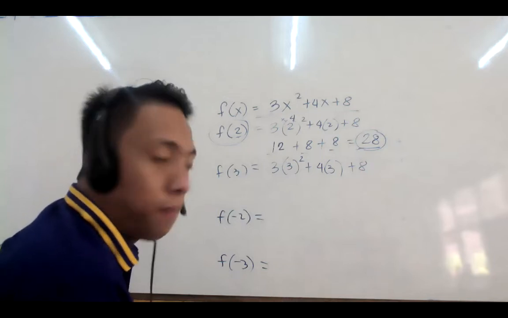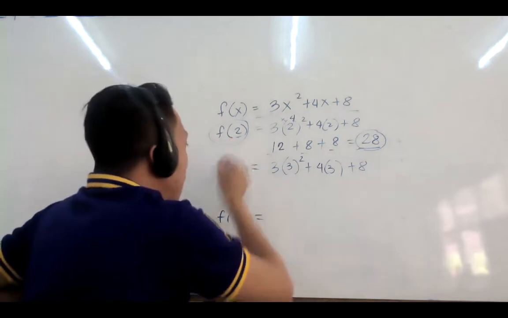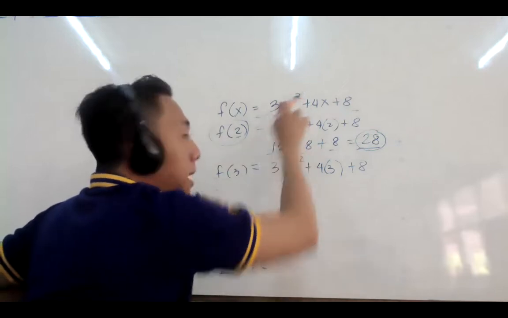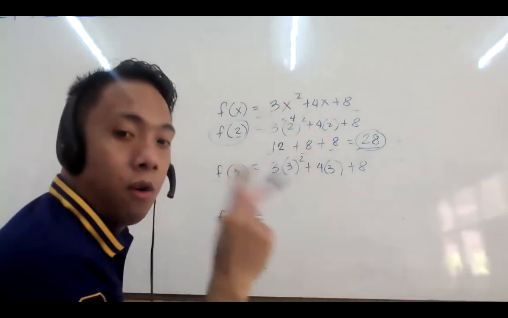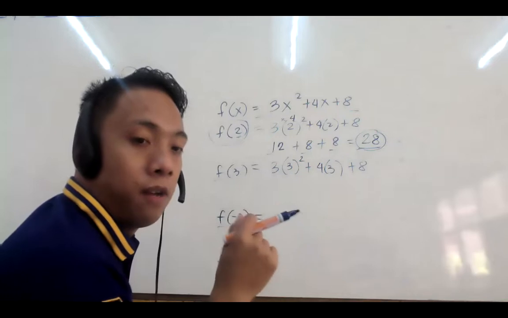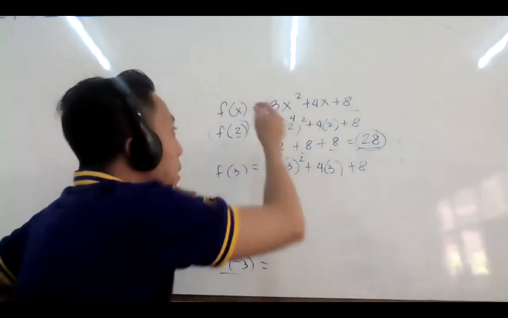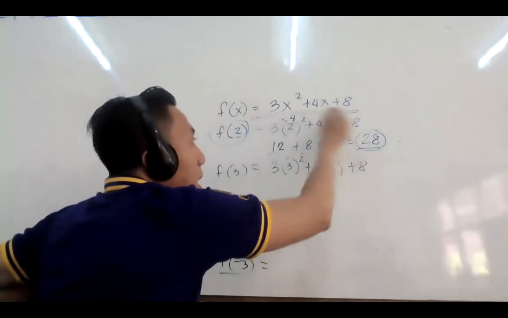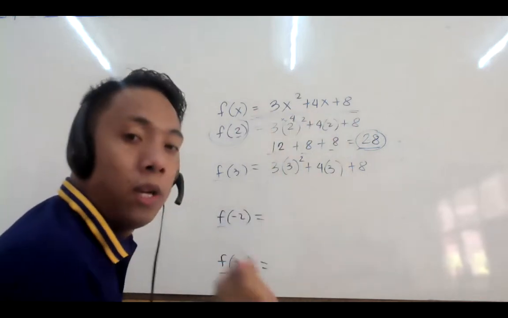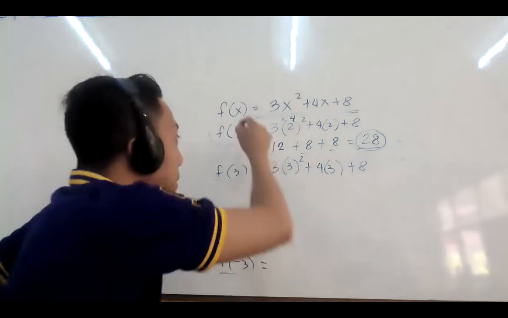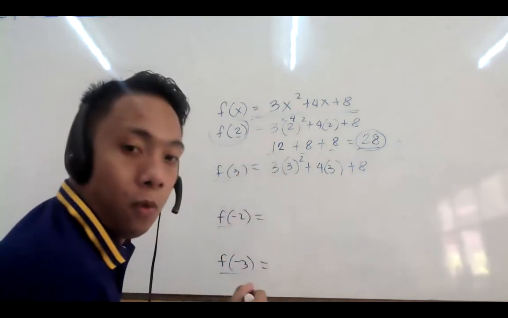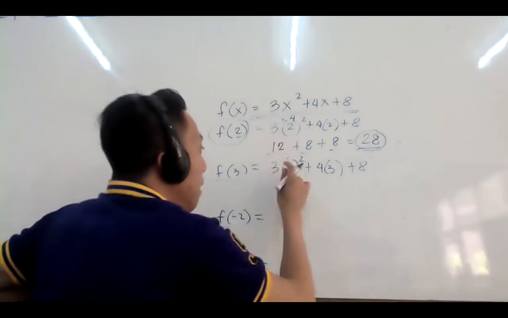Baka isipin ninyo, ibang function, ibang equation. No, it depends on what I will give as a given equation. Kung isa lang yung binigay mong equation, ibig sabihin, ito lang yung gagamitin ninyong equation para ma-solve lahat yan. Nakuha? Okay. Now let's do this one.